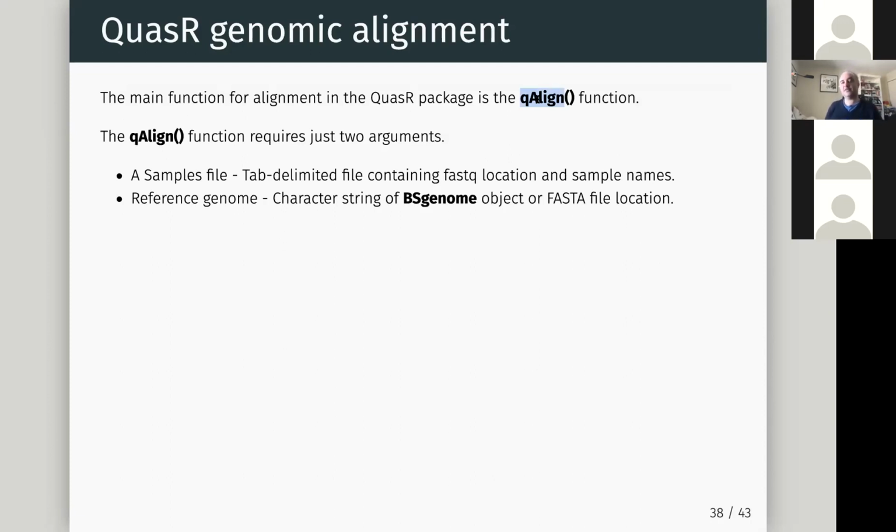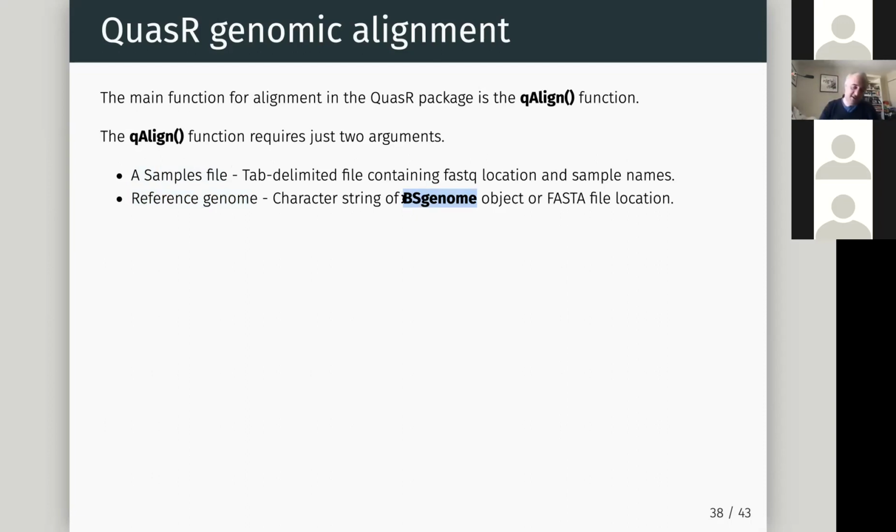And it requires just 2 arguments. One is a samples file, and the other one is a reference genome. What is kind of cool of this compared to maybe our Subread and our Bowtie2 is that they've gone that extra mile, and you can actually just give them the name of the BSgenome object, and it's going to go align to that, right?